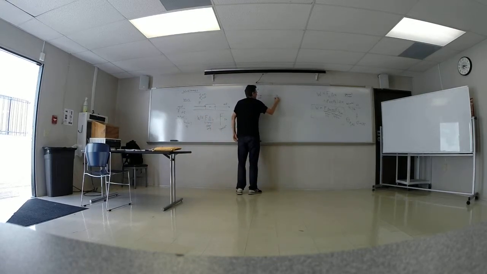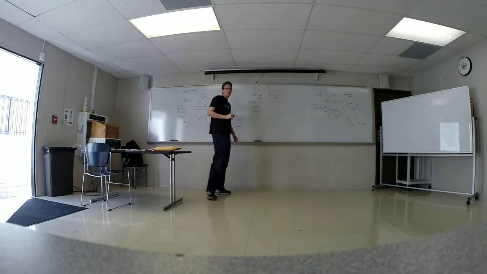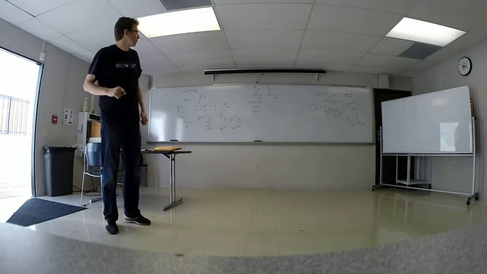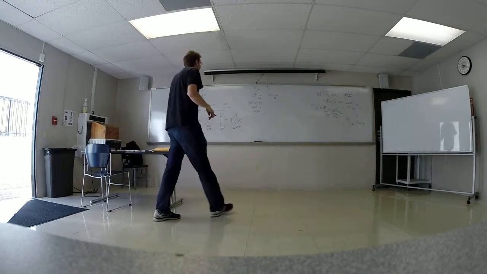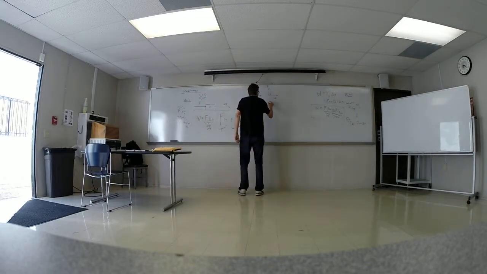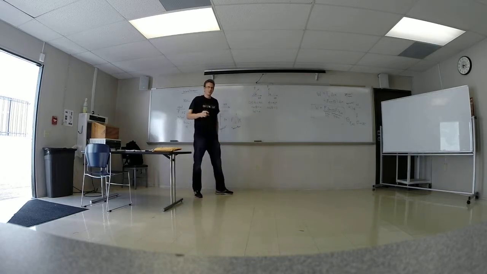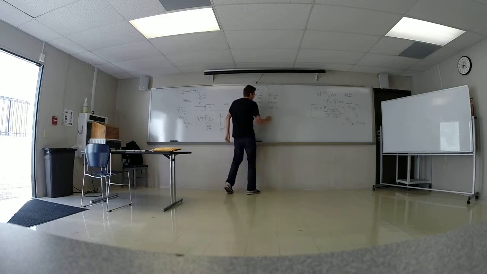You could have that the force and displacement are perpendicular. That's when theta is 90. What's cosine of 90? 0. I heard it over there. 0, yeah. That's going to zero out the whole work.